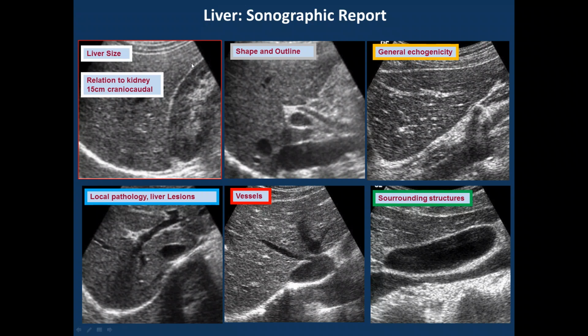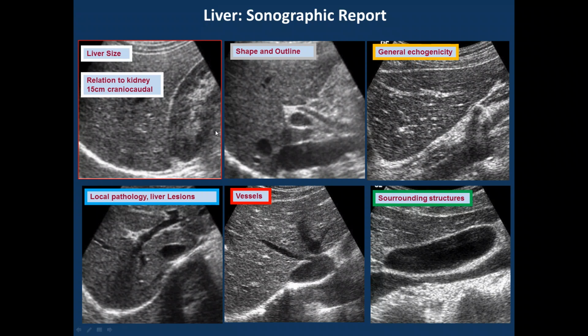Especially in slender women, sometimes the left lobe goes deeper than the right kidney and is a little bit more thickened, and this is a variant, but usually the liver should stop before we see the caudal pole of the right kidney. Then the shape and outline is very important.